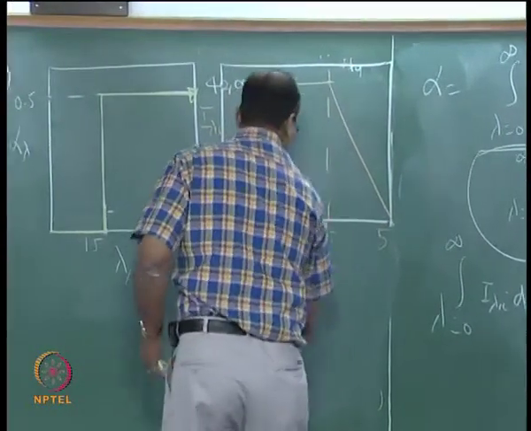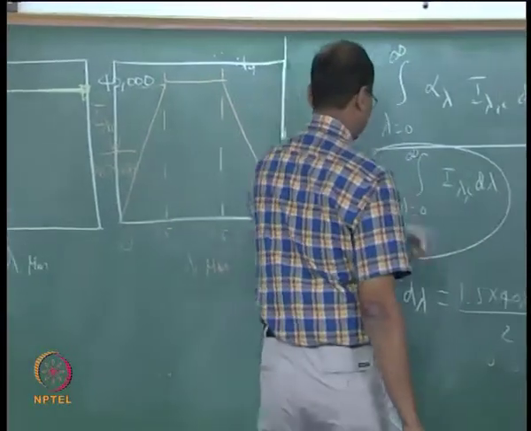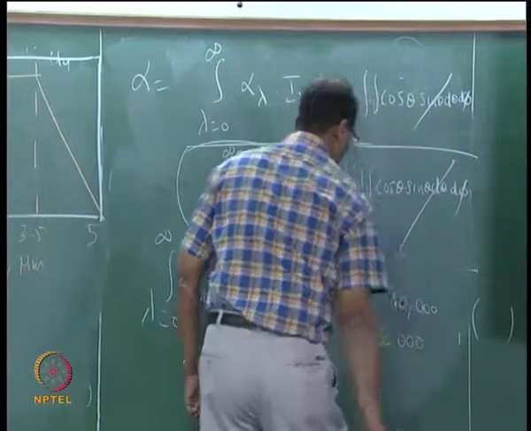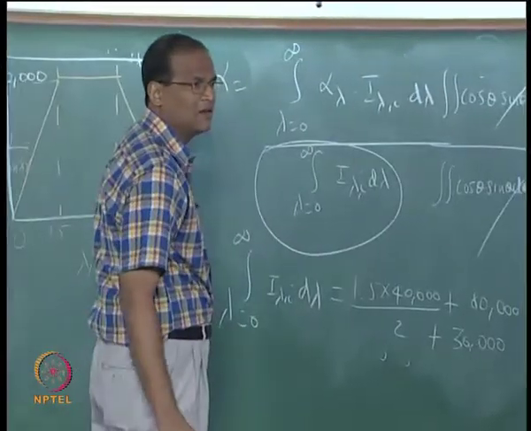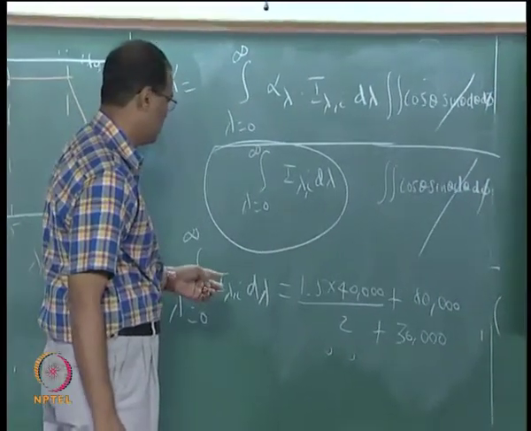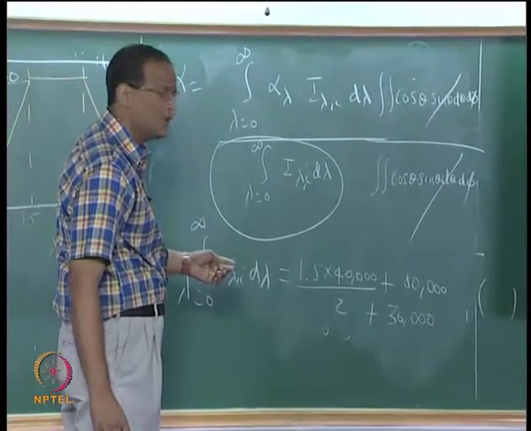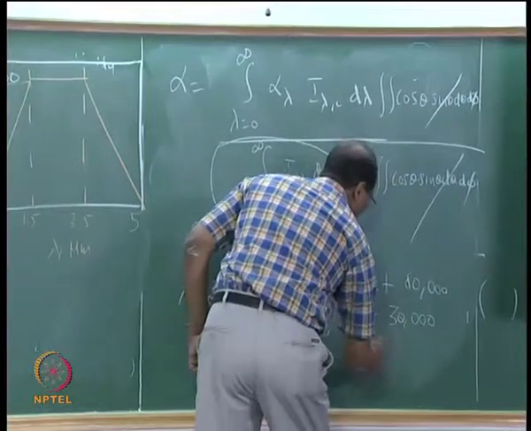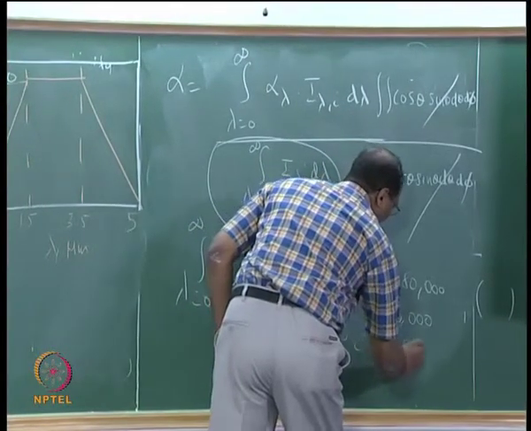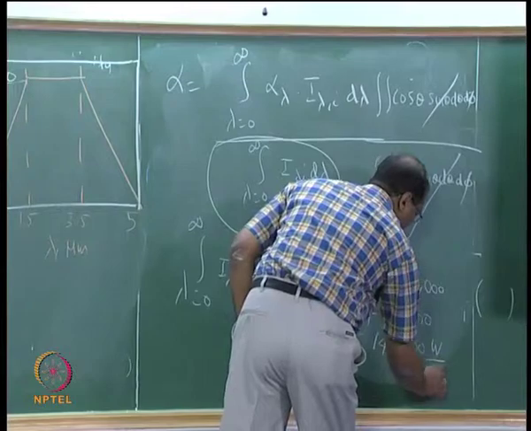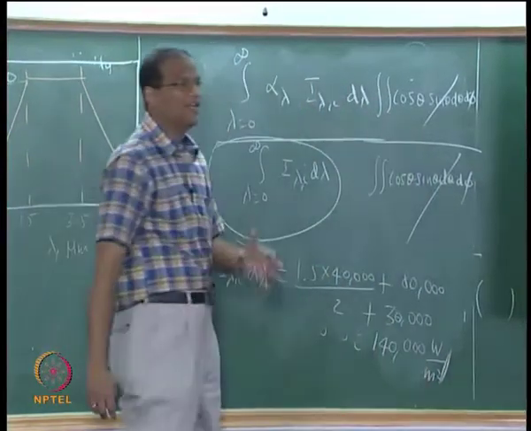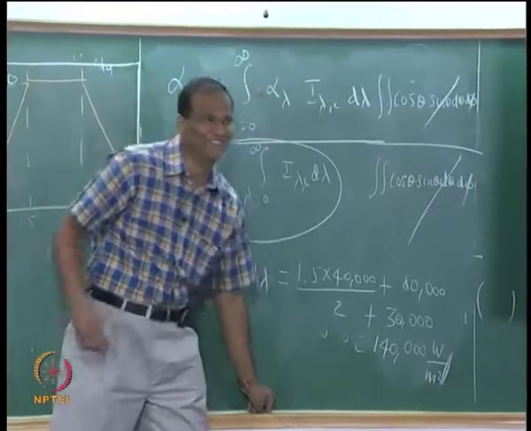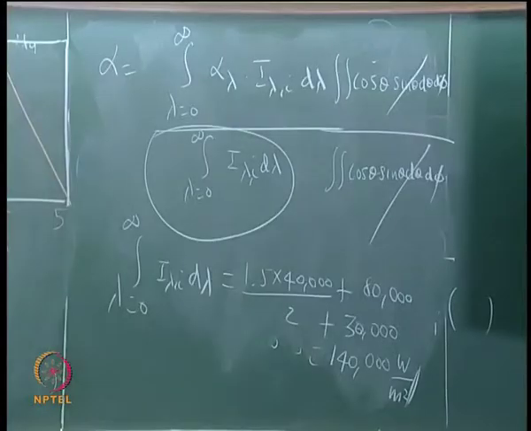So it is again the same 30,000. So it is 140,000, correct? Vikram, I don't even know how we are given 1000 Kelvin, I don't know how it is going to come up. Let us see.